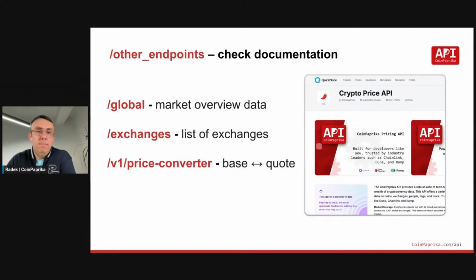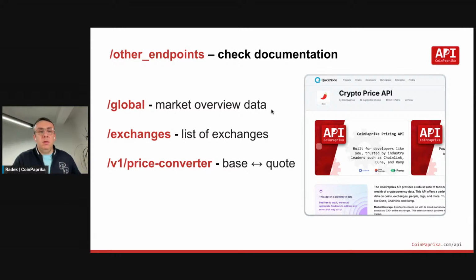As I said before, those three endpoints, tickers, tickers historical, and coins, are probably used 90% of the time by our users. But of course, we have other endpoints which might interest you.